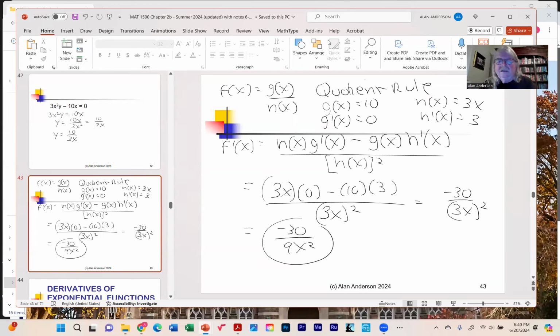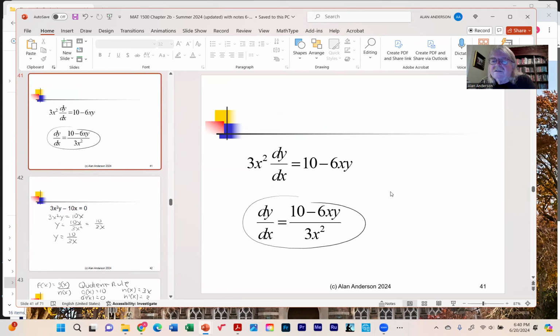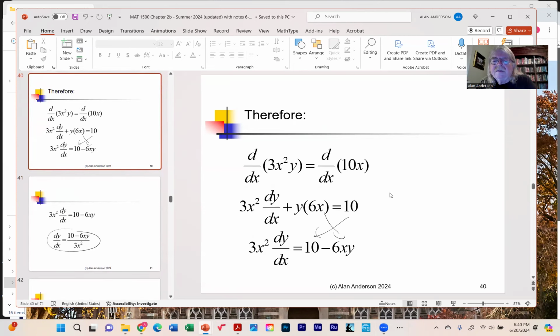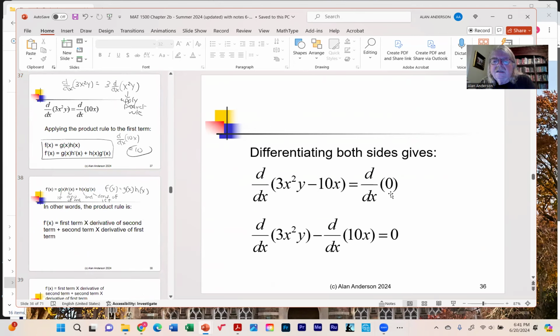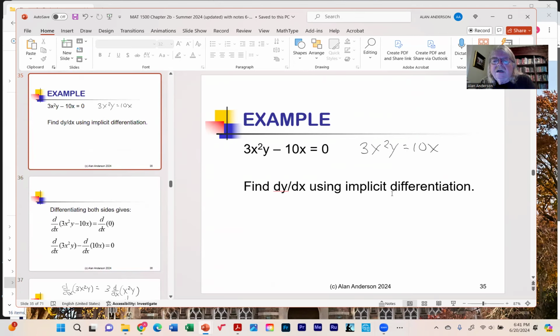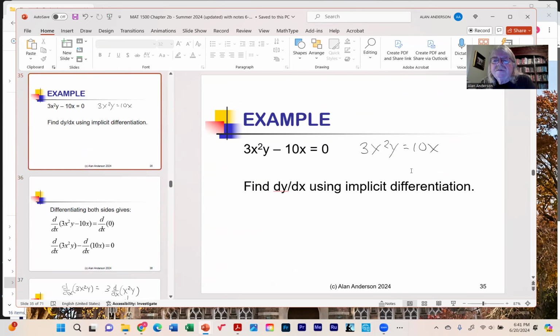Now, if you notice, it doesn't look like this, does it? What happened? Okay. So you might say, well, wait a minute, that can't be right. But remember, we did determine that y equals 10x over 3x squared.